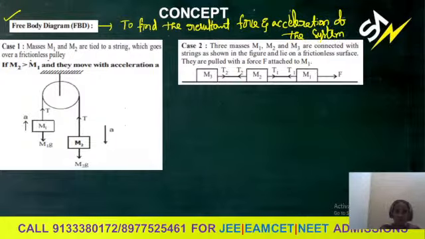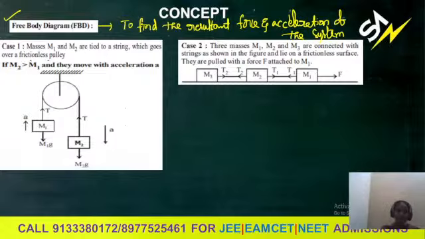One of the very important concepts. So by drawing that free body diagram, we can find the force and net force and acceleration of the system. So here we are given the different cases in different situations.